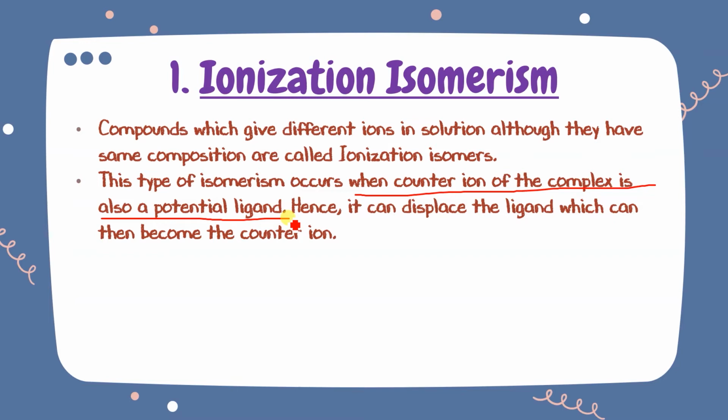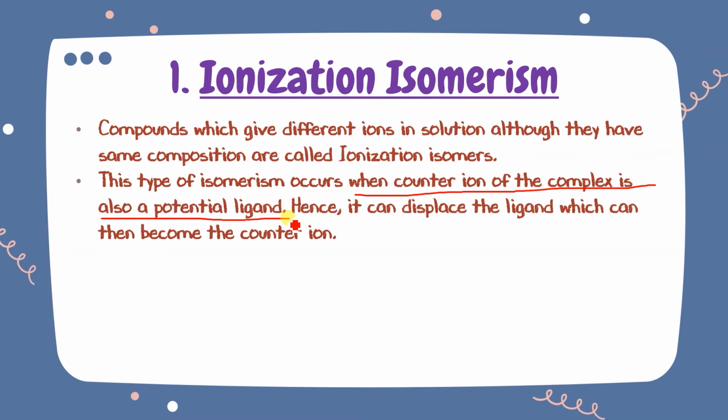If it is positive or negative, the exchange with the complex will be with the same type of ligand, a negative ligand. Hence it can also displace a ligand which can then become the counter ion. So it can displace only that ligand which can become a counter ion.